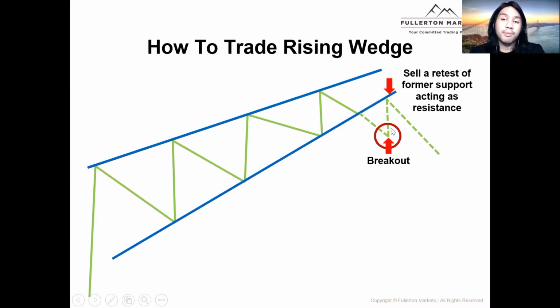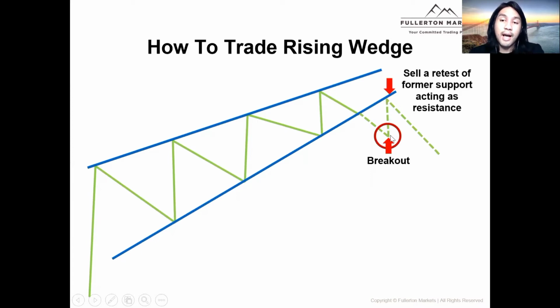Prices broke down, went up, and tested this line to see if it will actually go back in or if this area will hold. So this retest of the former support, which is now the resistance, is our key to shorting.